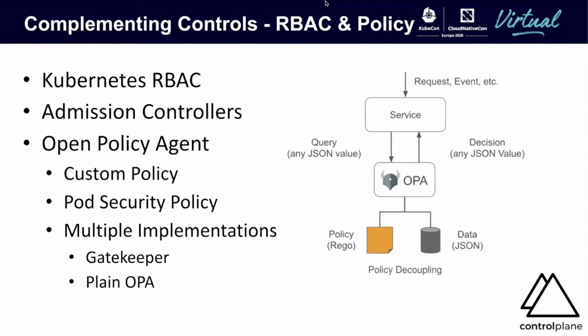And finally, no talk on Kubernetes RBAC or policy is complete these days without mentioning the Open Policy Agent. It provides the ability to enforce custom policy, and appears to be the future in the pod security policy space. There are a couple of implementations you could use as admission controllers. There's a Kubernetes native implementation in the form of Gatekeeper. You can still use plain OPA to enforce your other custom policy if you so wish.